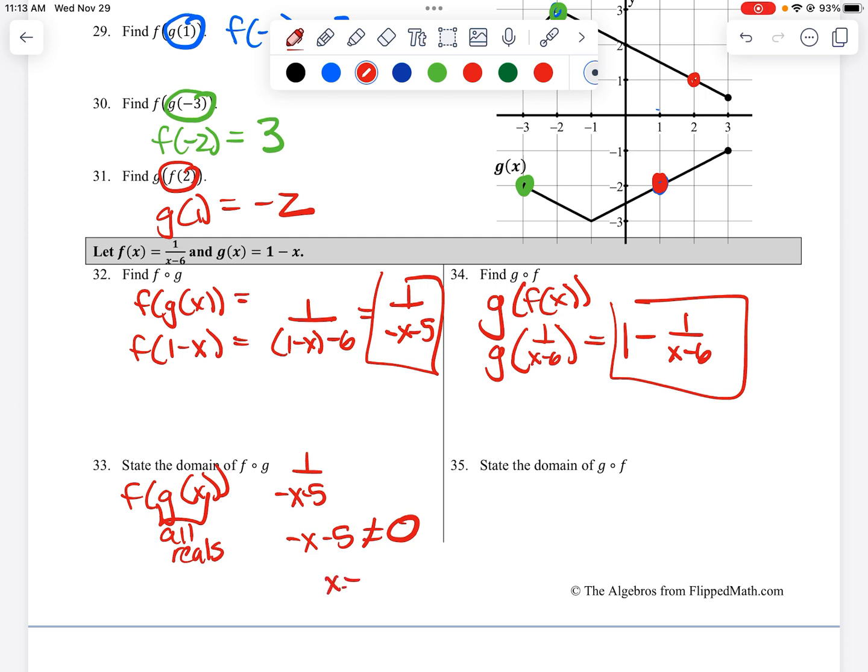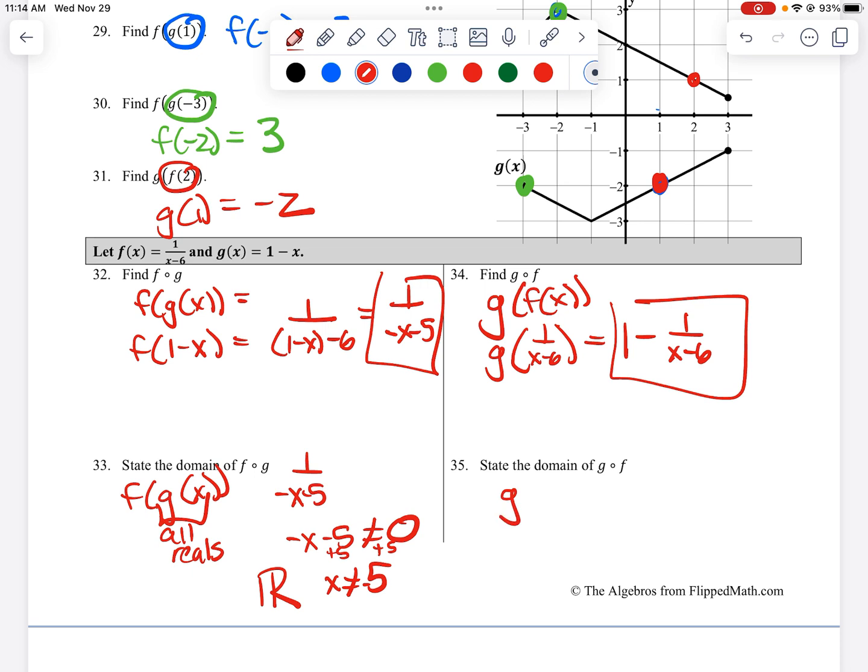So x cannot be 5. So it would be all real numbers except x can't be 5, or negative 5. Wait, plus 5. So it can't be negative 5.